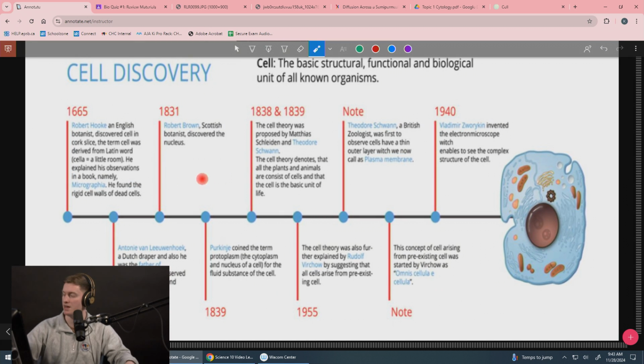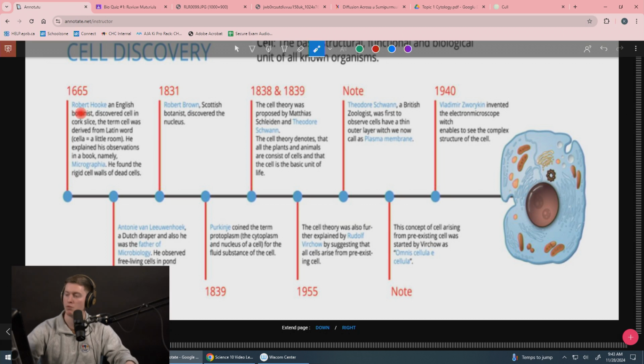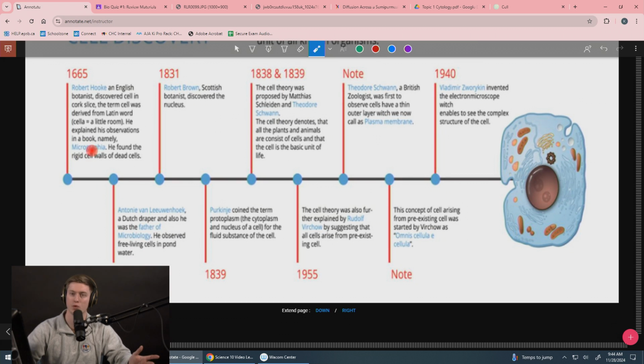Here is a little timeline of when these things happened. So Robert Hooke, like 200 years before Schwann and Schleiden, is the one who is naming cells in these cork cells that he's looking at. And so he must have been looking under some form of microscope.